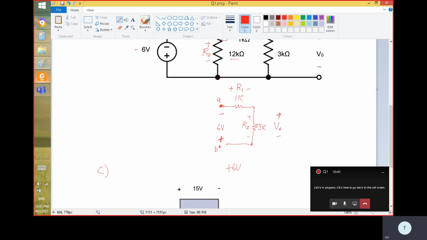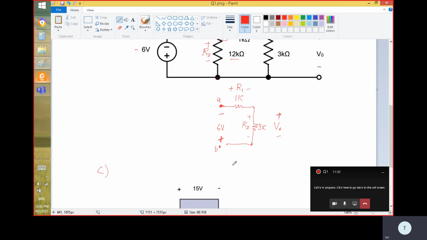Oh wait, sorry, I think it should be the minus here, not the plus, because it's upside down right now. Yeah, I think it should be the plus. So I think we just follow this method.